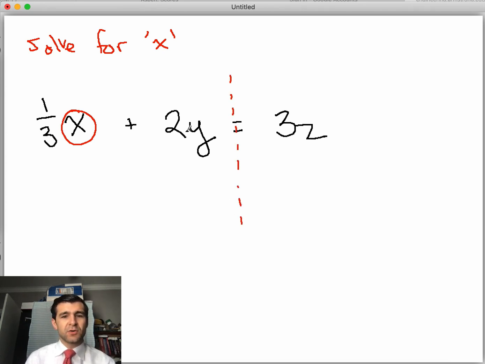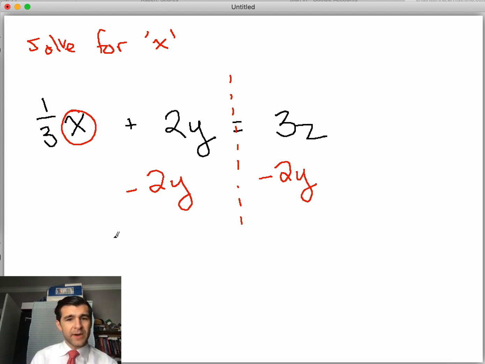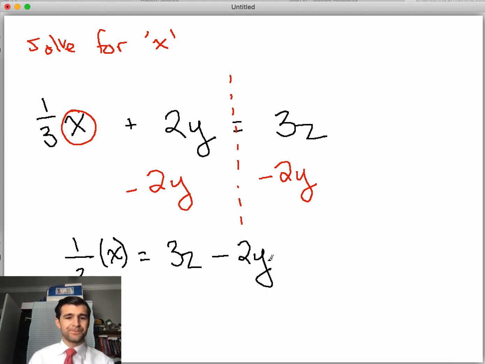So the first thing I should do is look at the values and terms not associated with x. So I'm going to subtract 2y from both sides and rewrite my equation. It should look like this. 1/3 times x equals 3z minus 2y.